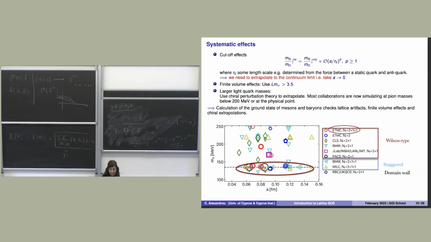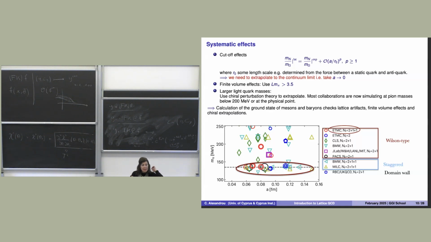So that's why I mention all these fermions, because each collaboration has its own favorite, with advantages and disadvantages for each. And these should all give the same result in the continuum limit after you control finite volume effects. Okay? So you see, I belong to the ETMC, European Twisted Mass Collaboration, which uses the twisted clover type fermions that I showed you yesterday.